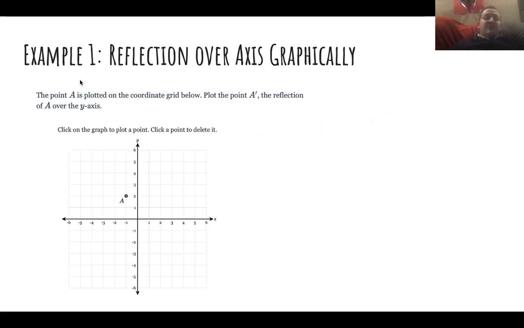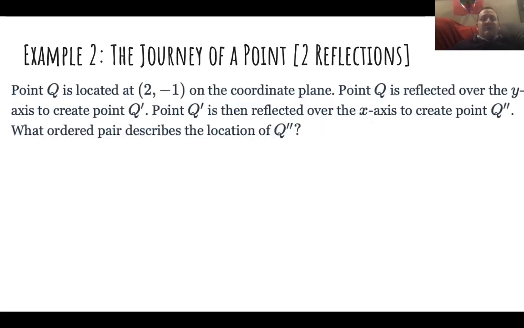The next tier of exercise is thinking about what happens if a graph is not provided. With this one, I'm just going to map out the transformation. So we have x comma y, and it's reflected over the y-axis. The y-axis reflection is essentially going to be negative x comma y.